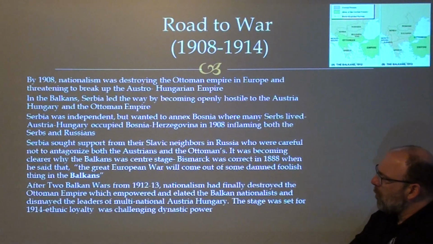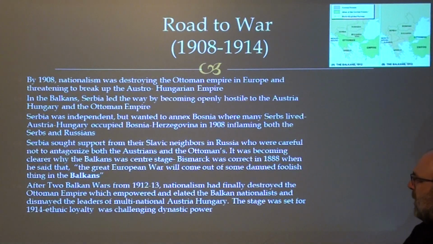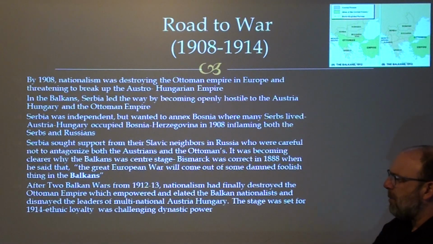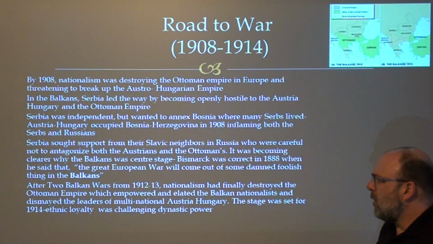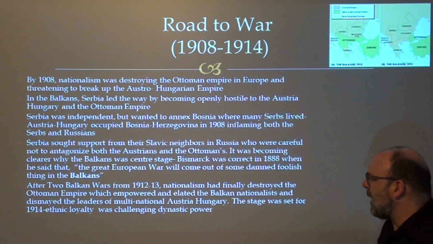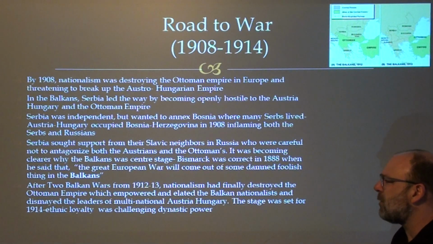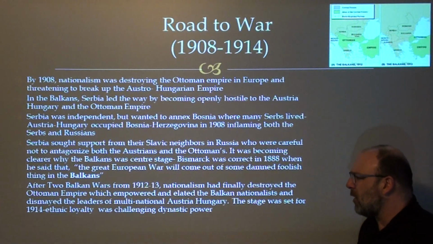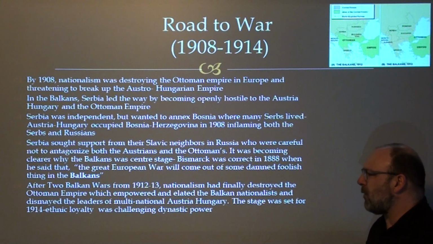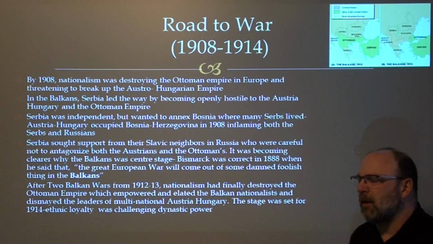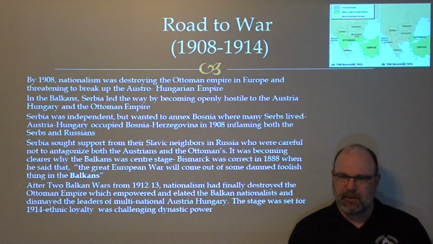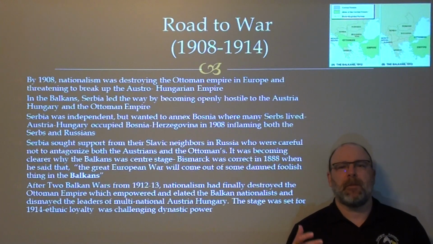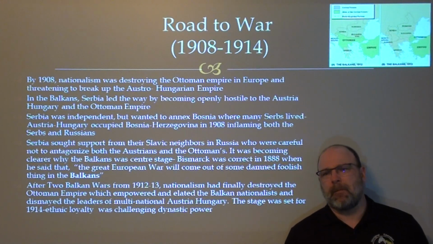After 2 Balkan wars from 1912 to 1913, nationalism had finally destroyed the Ottoman Empire, which had been in retreat for decades, if not centuries, which empowered and elated the Balkan nationalists and dismayed the leaders of multinational Austria-Hungary. The stage was set for 1914 because ethnic loyalty was challenging dynastic power. So the forces of nationalism were destroying the Ottoman and the Austro-Hungarian Empire.